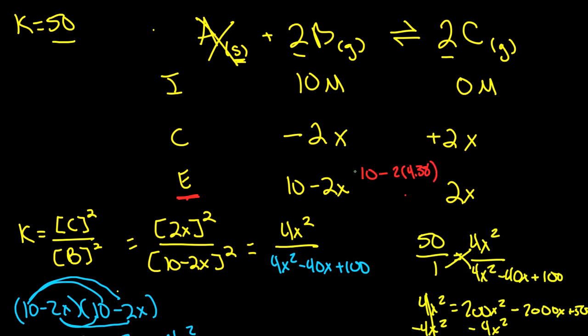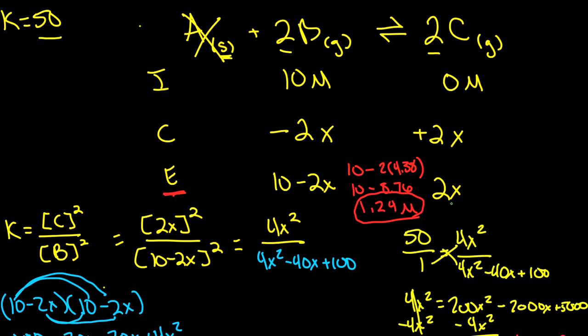So 2 times 4.38 is 8.76. So that leaves me with 10 minus 8.76, which gives me 1.24 molar. So there's that answer.